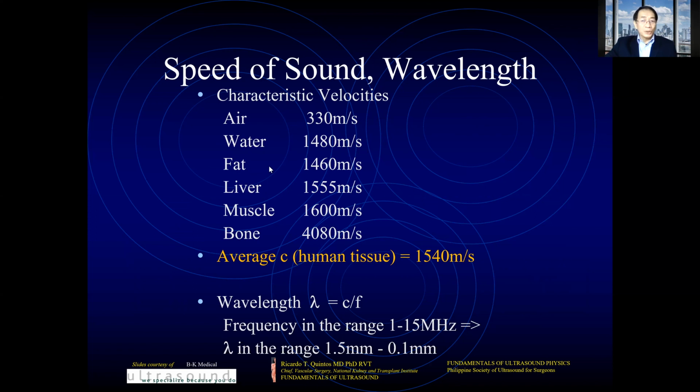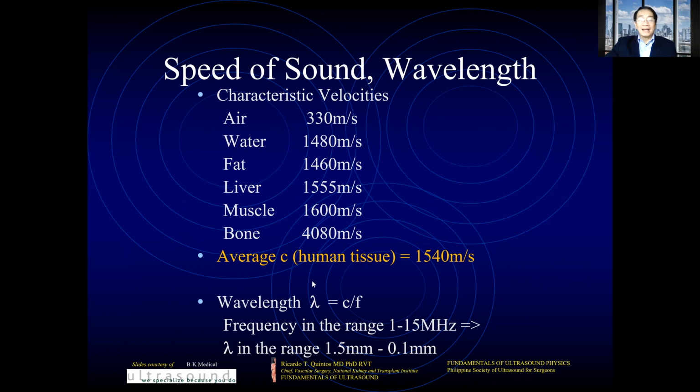Through fat tissue, it's about 1,460 meters per second. In liver, it is 1,555 meters per second. In muscle, it's 1,600 meters per second. And note that through bone, the speed of sound quadruples to about 4,080 meters per second.